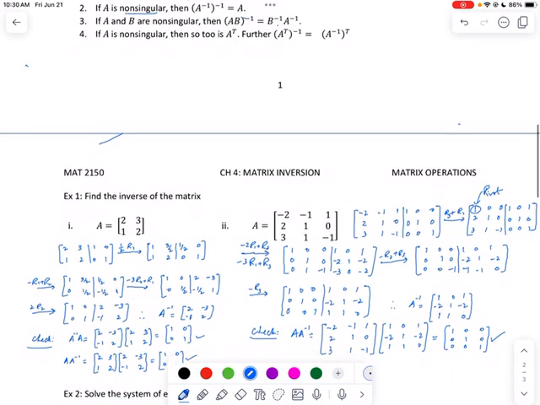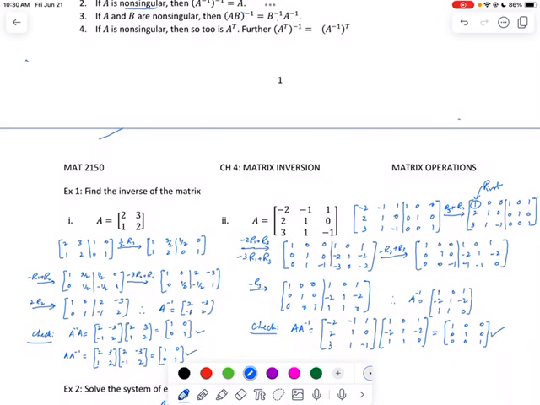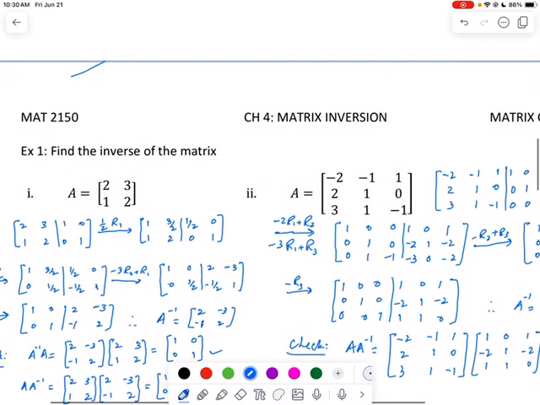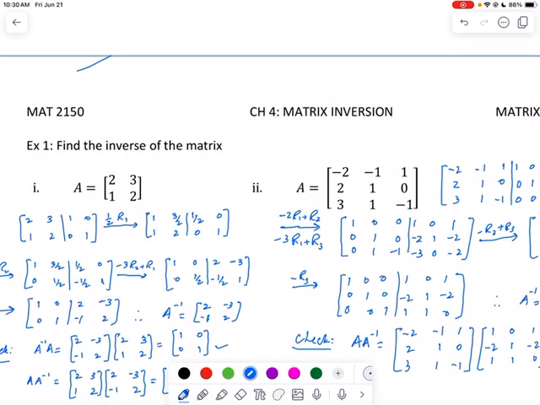Okay, here is an example: find the inverse of the matrix A, where in the first case A is a 2 by 2 matrix. So we will augment a 2 by 2 identity matrix here and perform row operations. The first thing I want to do is bring a 1 here. This will be our pivot, so we want to make it a 1.